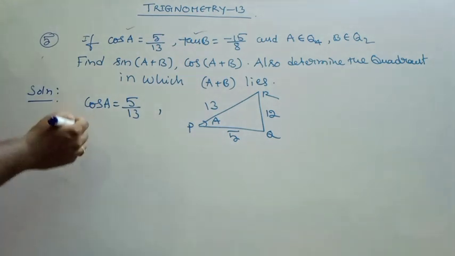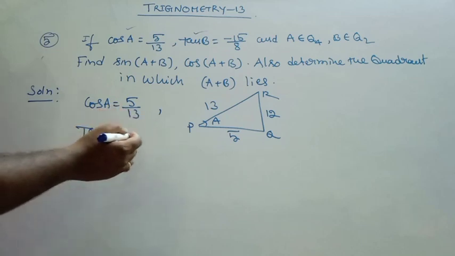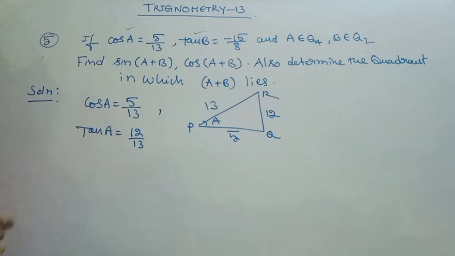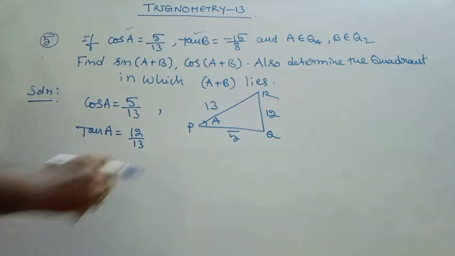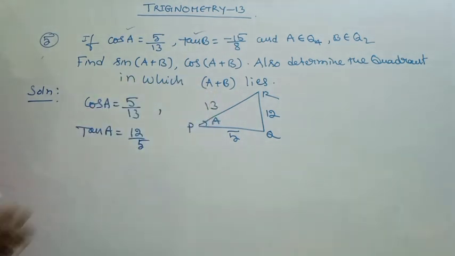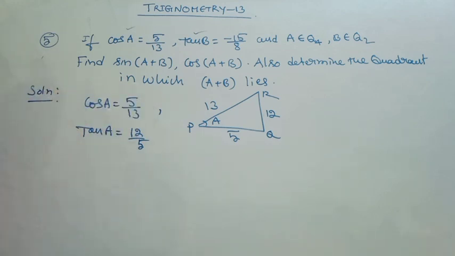And from this, what are we going to get? Tan A. Sorry, tan A you are going to get is 12 by 5, wonderful, because it is perpendicular by base. Cos A and tan A we have got it very wonderfully.